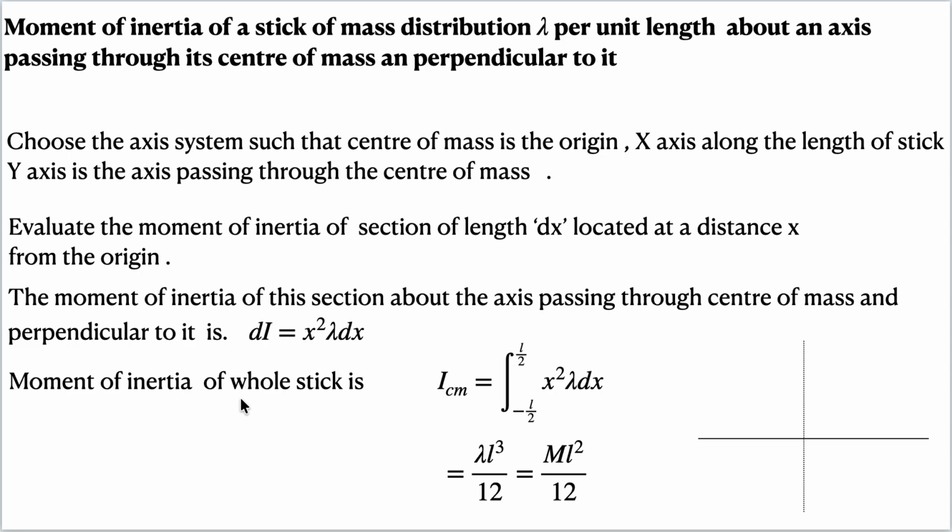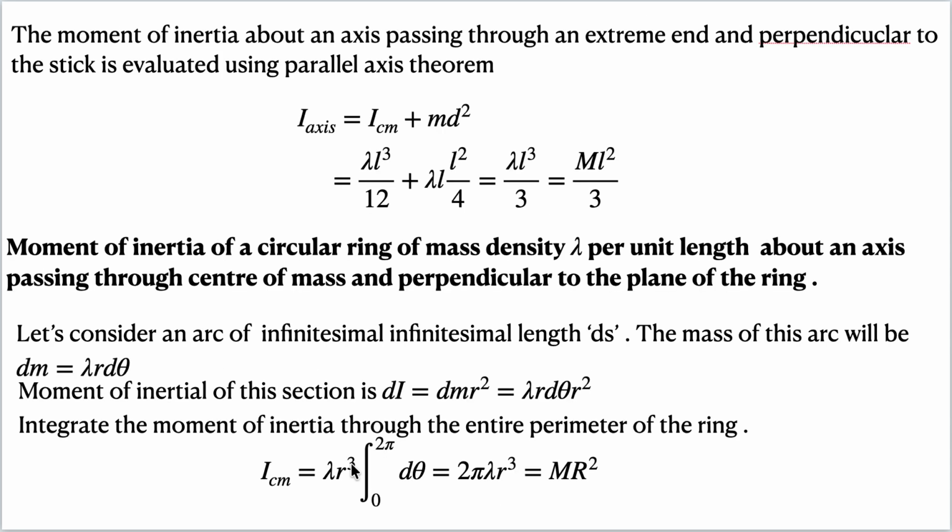So moment of inertia of the whole stick will be I CM equals integral from minus L by 2 to L by 2 of x square lambda dx, or on integration and putting the limits we get lambda L cube upon 12, which equals m L square upon 12. The moment of inertia about an axis passing through an extreme end of the stick and perpendicular to it is evaluated using the parallel axis theorem as I axis equals I center of mass plus m d square.